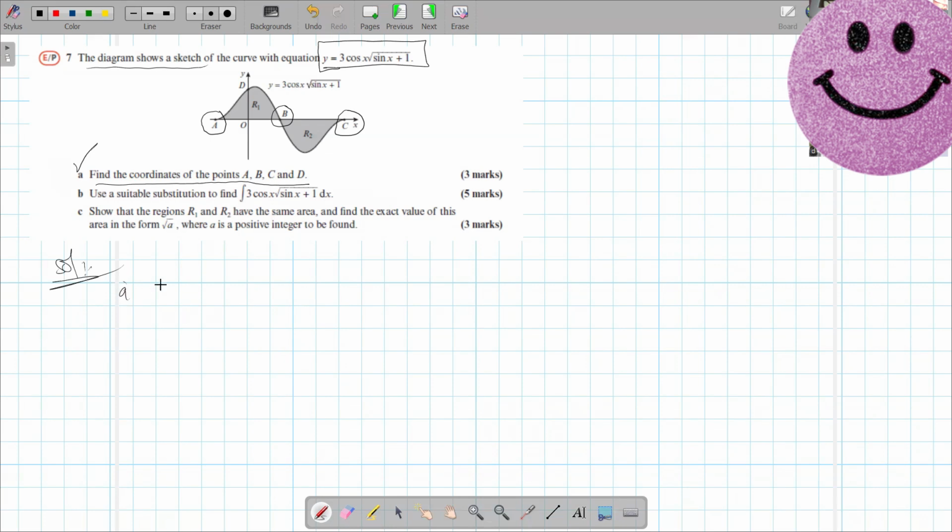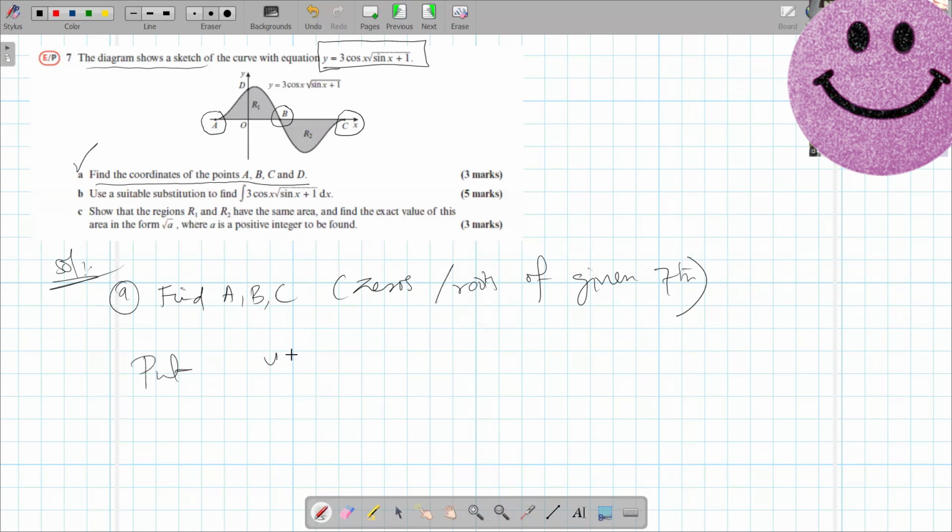So in part A, find A, B, C. A, B, C are zeros or roots of the given function, right? So what we will do, we will put y equal to 0 and find these points first of all.